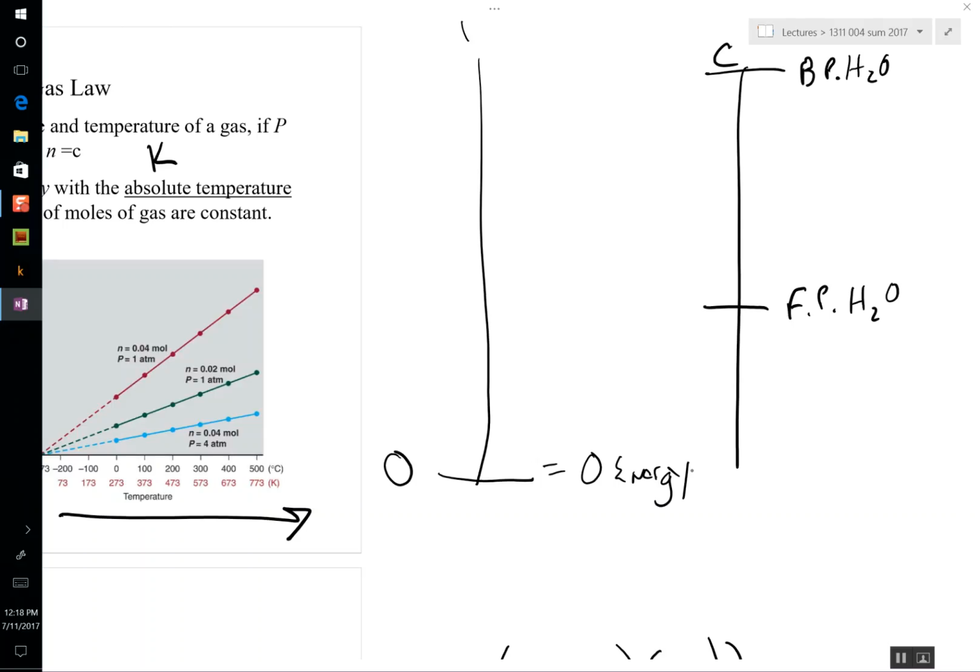Now let me find a Charles' law problem. Problem 13. Which one do we want to do here?